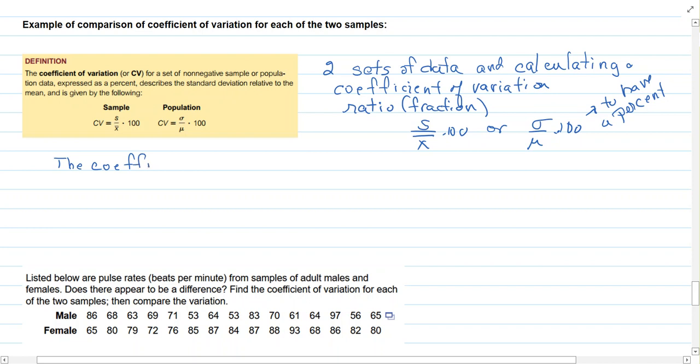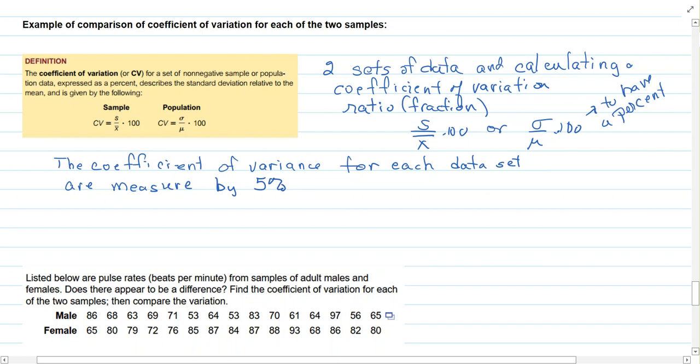The coefficient of variance for each asset are measured by a 5% comparison. I'll say comparison.